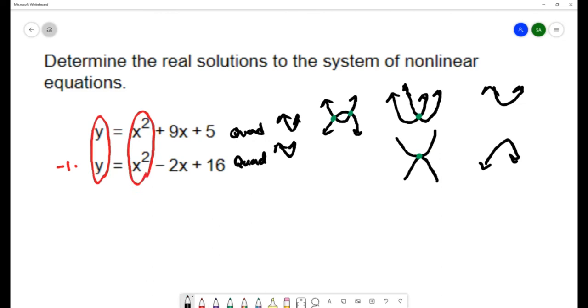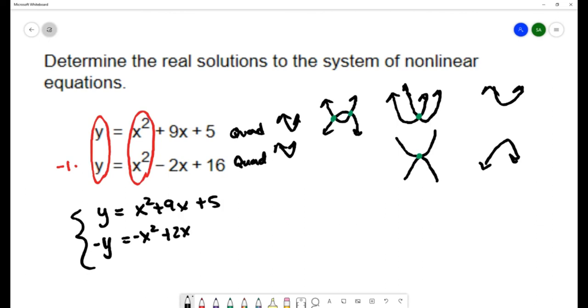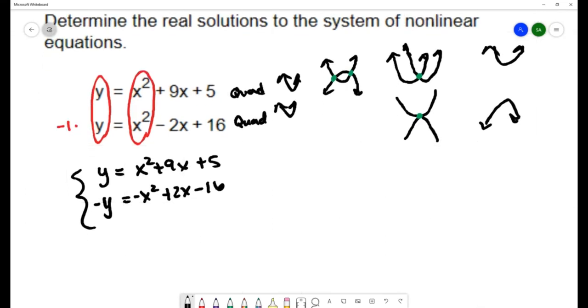So let's write the system in that way. y equals x squared plus 9x plus 5. When I multiply the second equation by -1, that would be -y equals -x squared plus 2x minus 16. And I'll add the equations together.